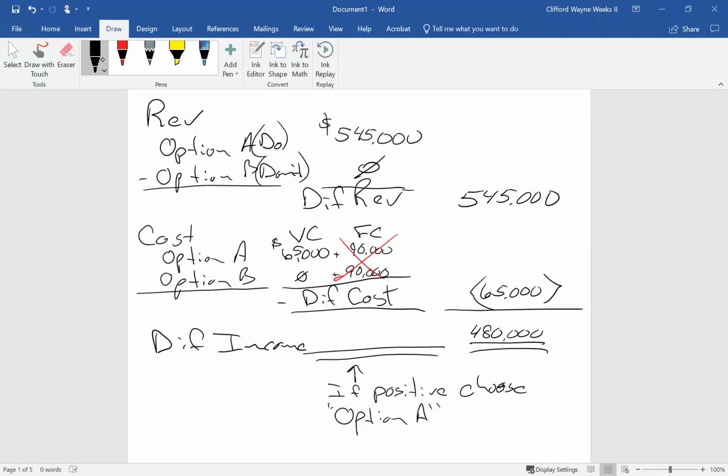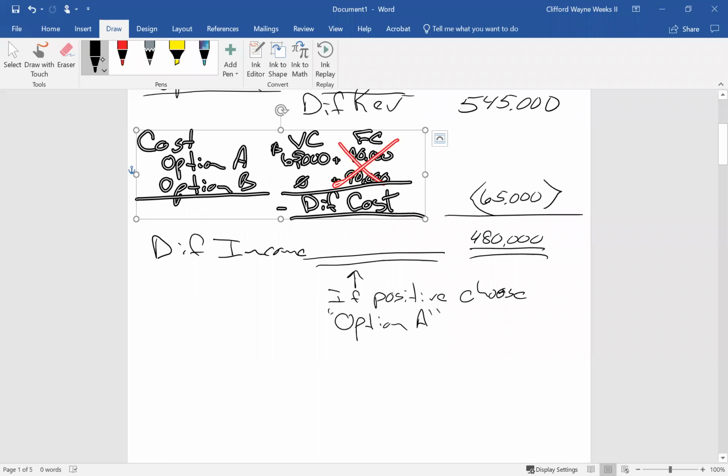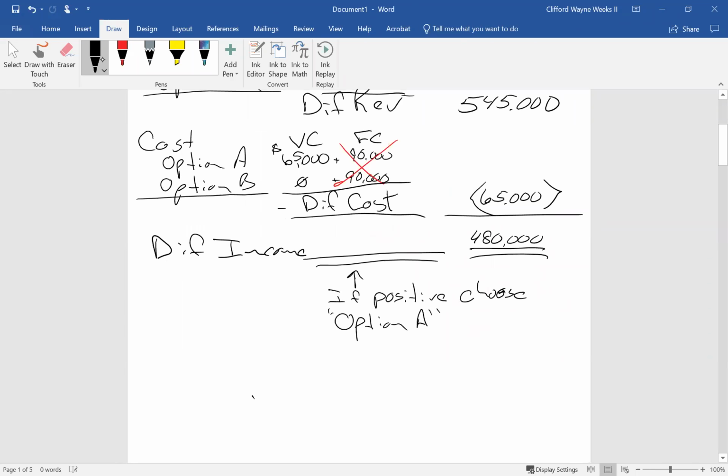And so really another way to look at this, and I talk more about this in the video, is that if this has a positive contribution margin, you do not discontinue. So if you remember what your contribution margin was, contribution margin equals sales subtract your variable cost.